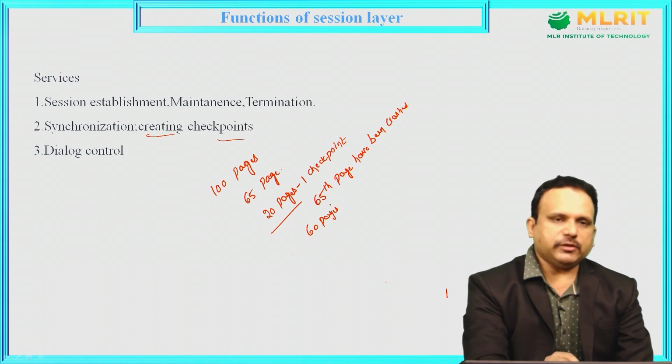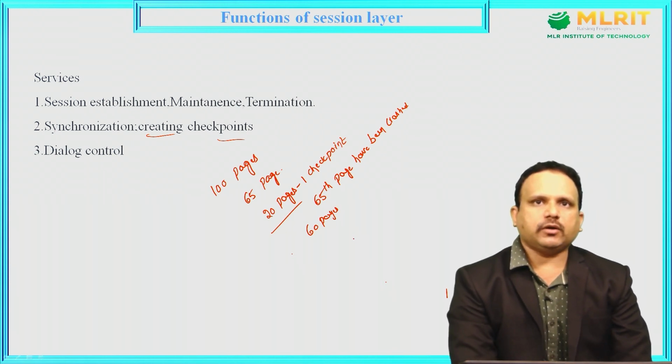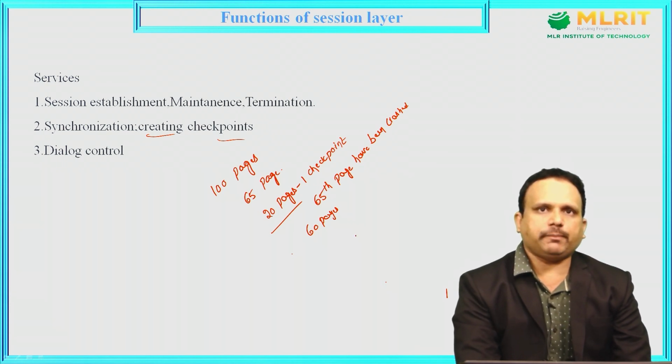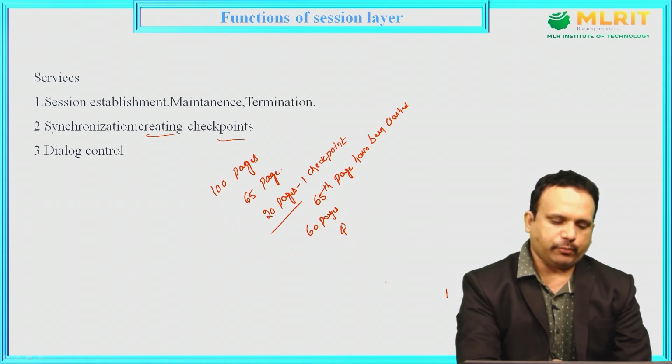Till the third checkpoint you don't need to retransmit that data, because only the 65th page has been corrupted. That means all the pages before it have reached successfully. According to the checkpoints, you are supposed to transmit from the fourth checkpoint.